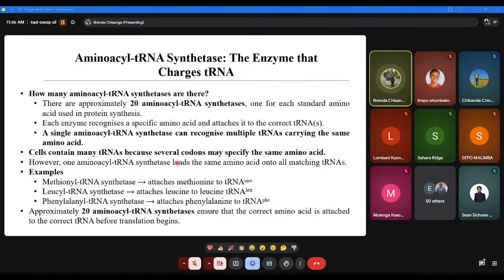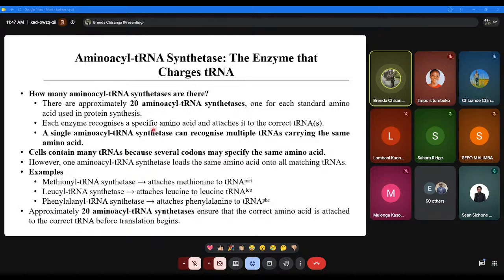These are just notes for you to read, and these are just examples. Cells contain many tRNAs, of course, because the third position on the codon is wobbly, isn't it? So you can have more than one tRNA binding to the same codon, because the third position sometimes can mismatch but still give you the same amino acid.